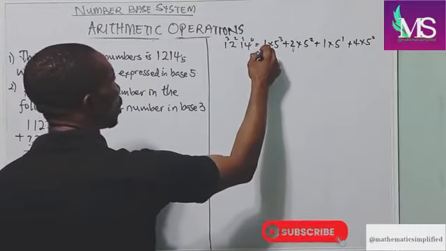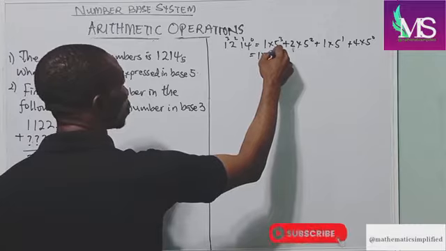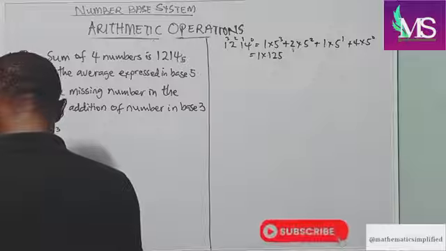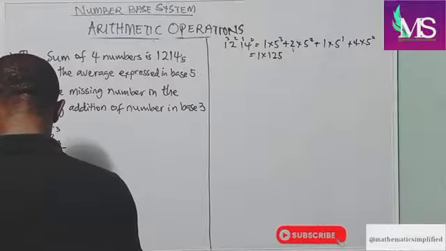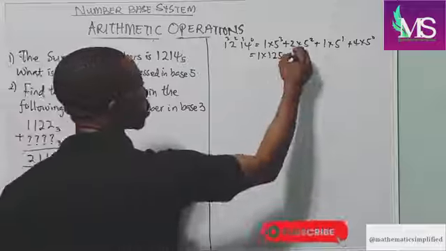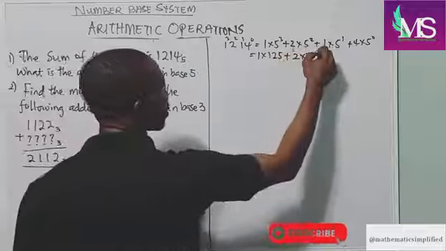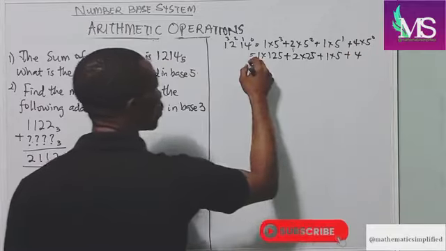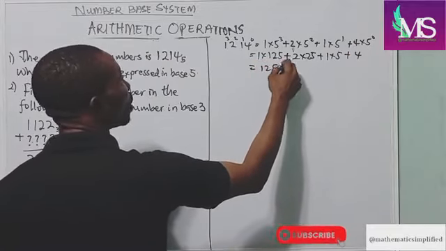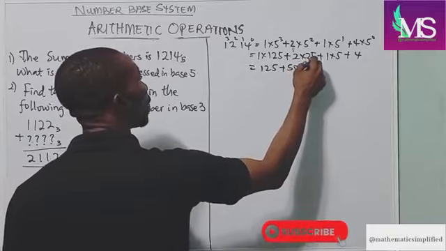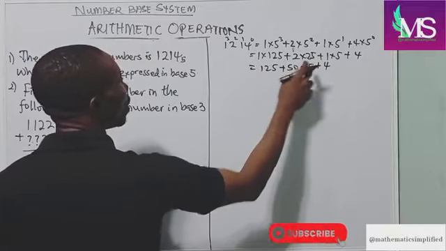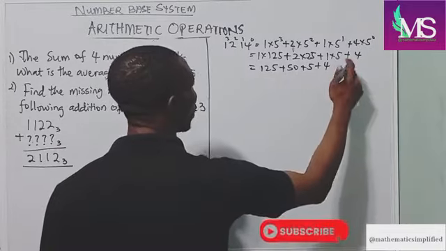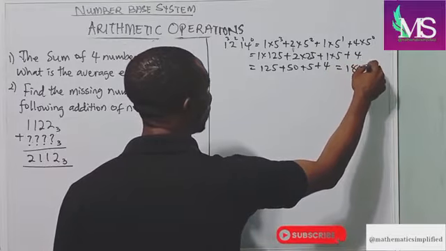This gives us 1 times 125, plus 2 times 25 plus 1 times 5 plus 4 times 1. So this gives us 125 plus 50 plus 5 plus 4. Adding these gives 130, 180, 184. 184 base 10.